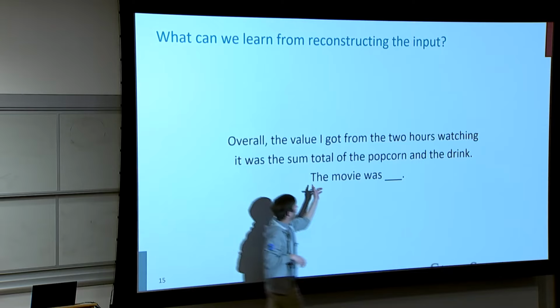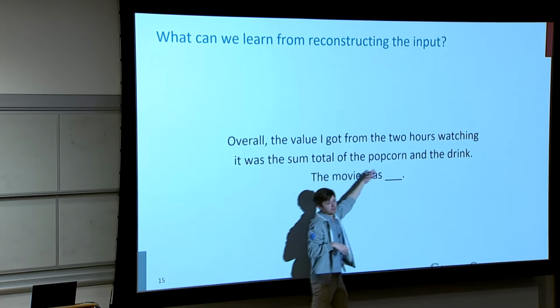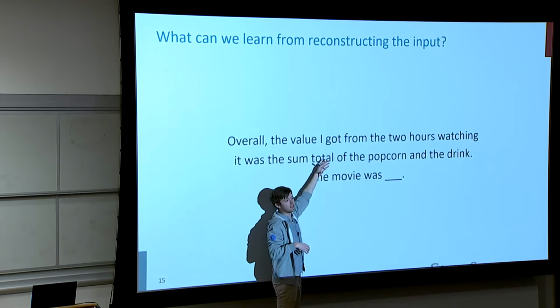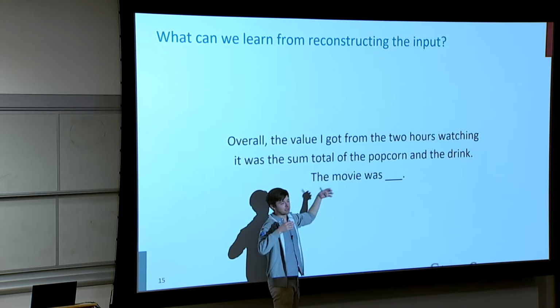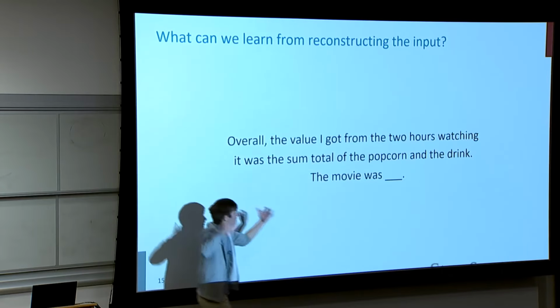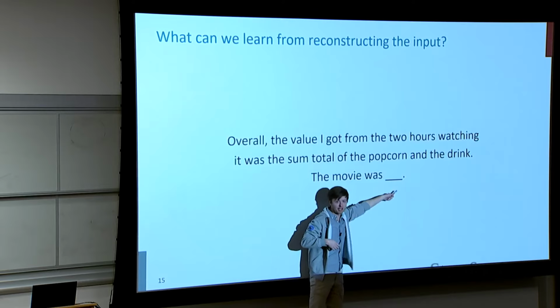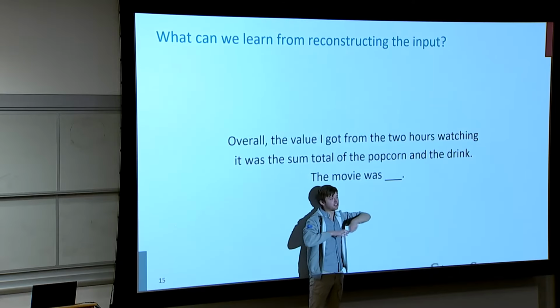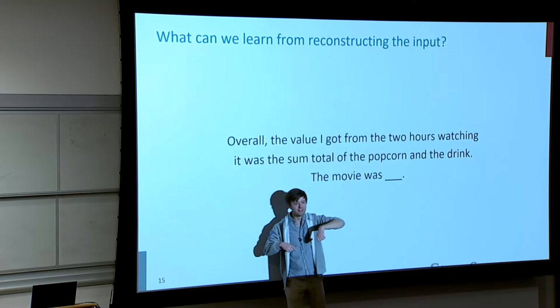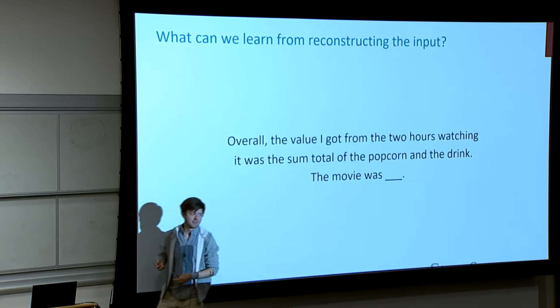But by saying, oh, the movie was bad, I'm learning about the latent sentiment of the person who wrote this, what they were feeling about the movie at the time. So maybe if I see a new review later on, I can just paste in the review, say the movie was blank, and if the model generates bad or good, that could be implicitly solving the task of sentiment analysis.